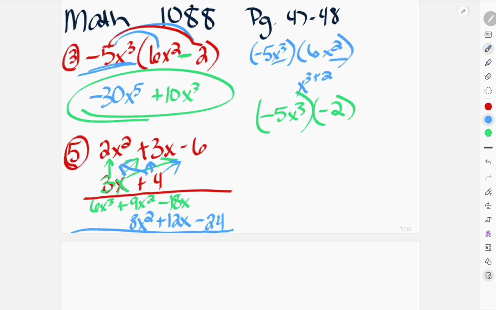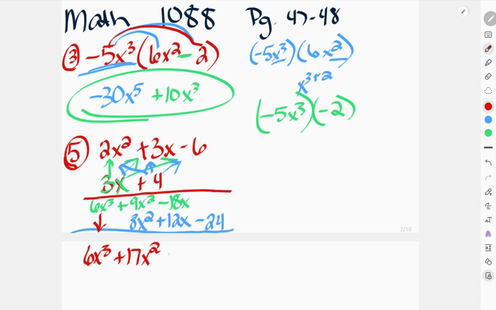Now I'm going to combine like terms. I just bring that 6x to the third down because there's nothing like it. All right, I'm going to add my 9 and my 8. It's going to give me positive 17. Bring down my x squared. Then I have negative 18 and 12.